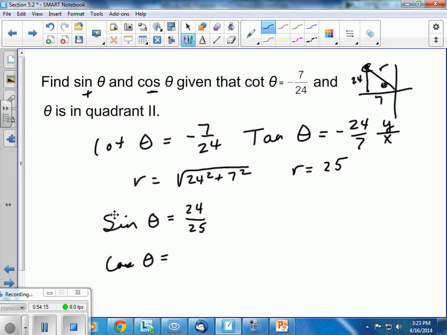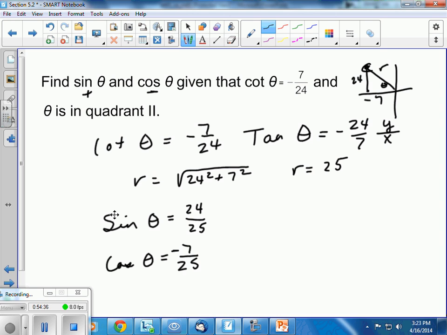And my cosine is x over r, which of course is 7 over 25. Now keep in mind, I have to remember what's positive and negative. Here, my x is the negative value, and it's going to have a negative on my cosine.